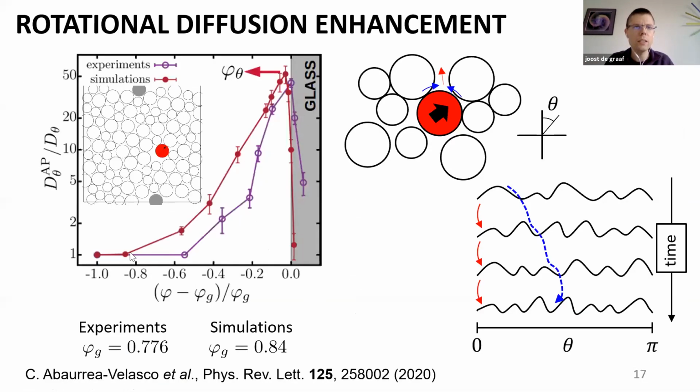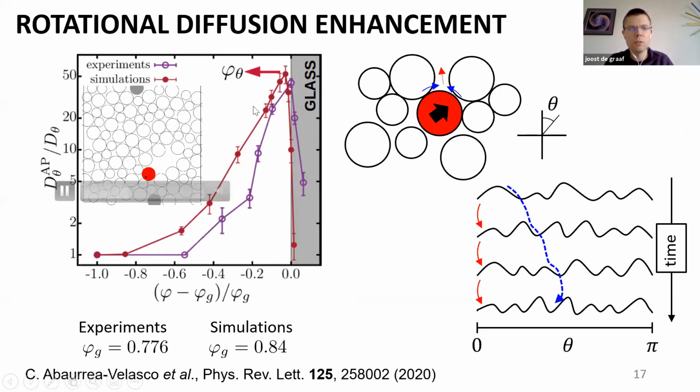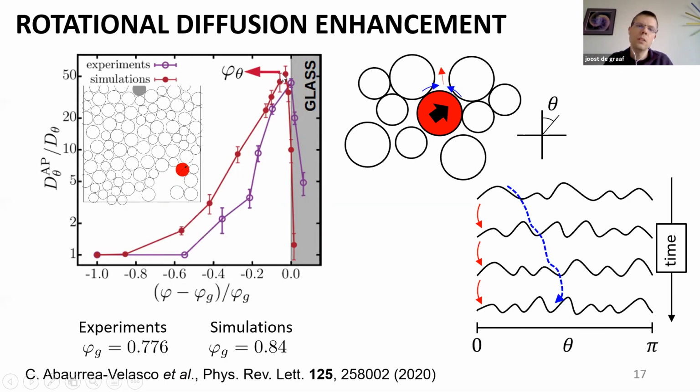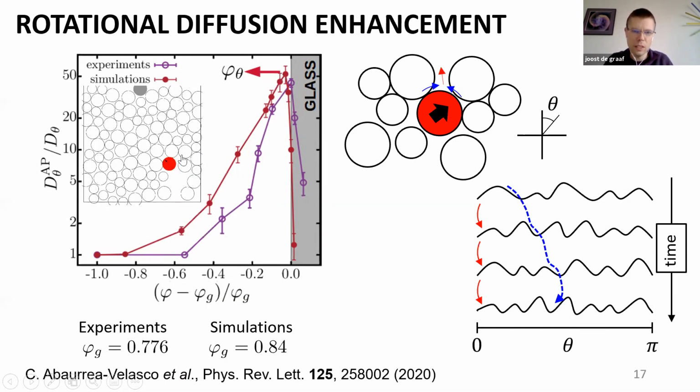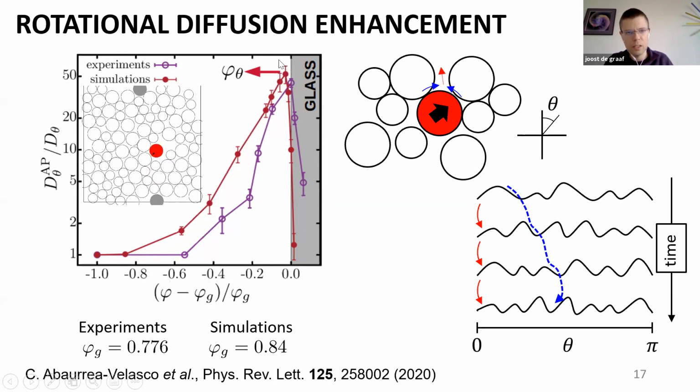Now, if you do that, then you can immediately get the asymmetry out of your system. So the rotational enhancement goes up less steeply than it goes down, close to the peak in the enhancement.